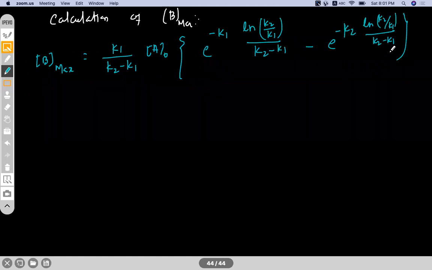This also looks very complex, but again, you'll get a very simple expression in the end.